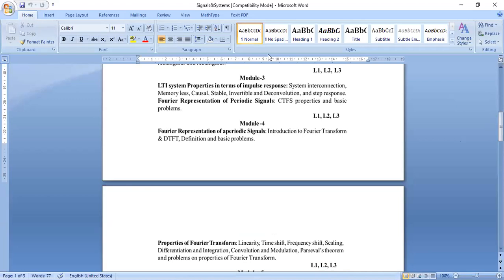I want to tell you one thing. In module 3, we have seen the CTFS properties. And here in module 4, we have properties of Fourier transform. Linearity we have seen in the previous module, time shift, frequency shift, scaling, everything we have seen. So I'm just going to give you the notes. The proofs of all these properties are similar to the previous module properties.